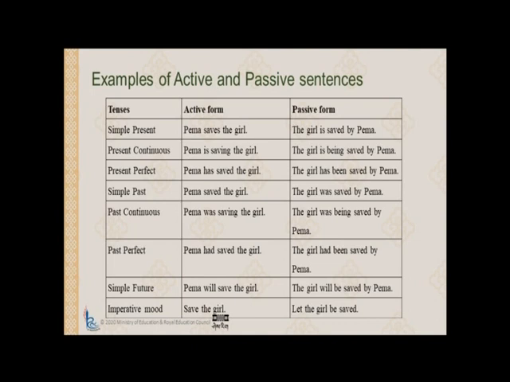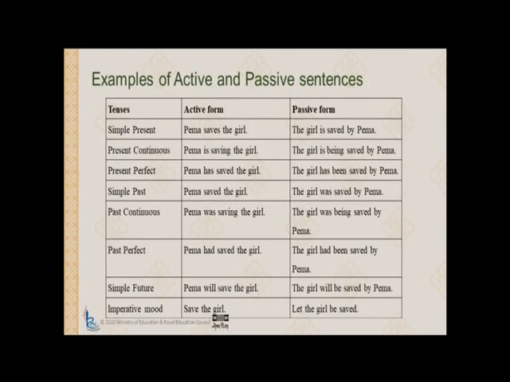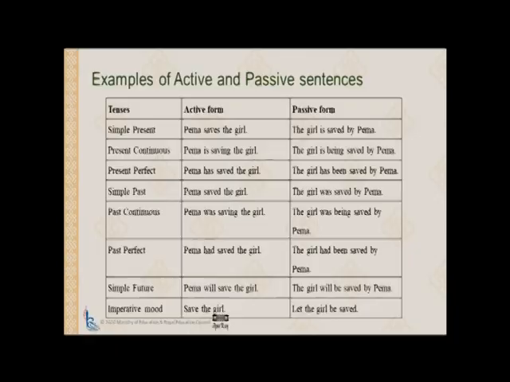Now we can see that when the same sentence in its present continuous form changes to the passive voice, then the subject of the active voice changes to the object and the object of the active voice changes to the subject. The girl is being saved by Pema. Pema became the object in the passive form and the girl became the subject.